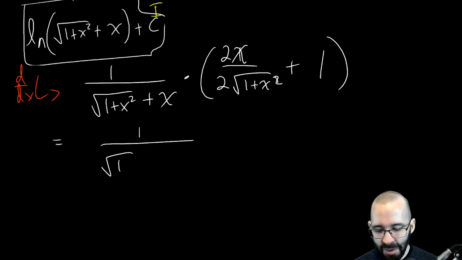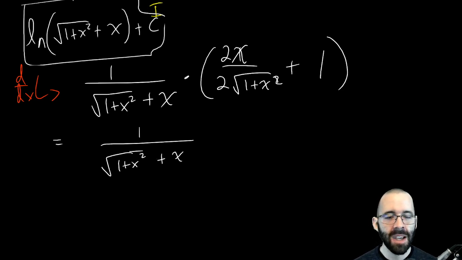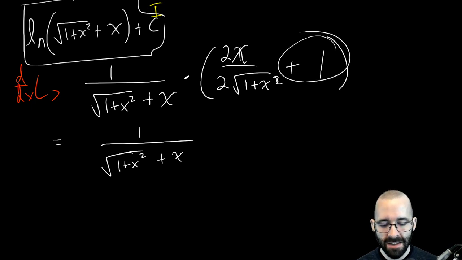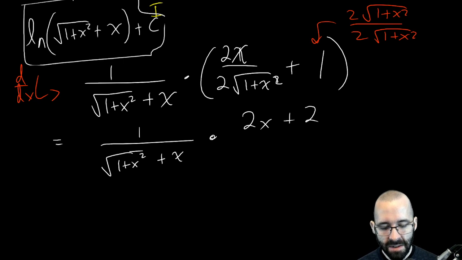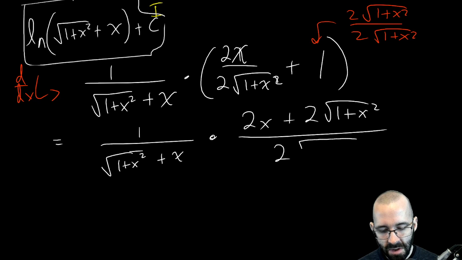This is 1 over the square root of 1 plus x squared plus x times, we can't multiply fractions yet because we need a common denominator. So we're going to write this 1 as 2 root 1 plus x squared over 2 root 1 plus x squared. Now we can combine those fractions. 2x plus 2 square root of 1 plus x squared, and then over 2 square root of 1 plus x squared.